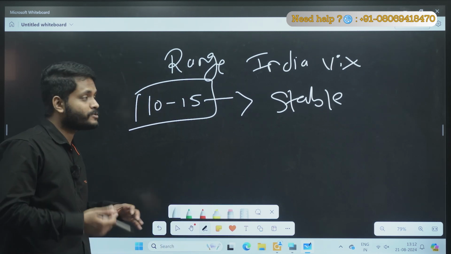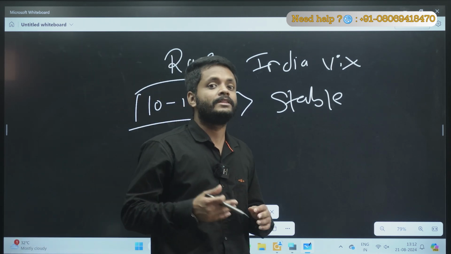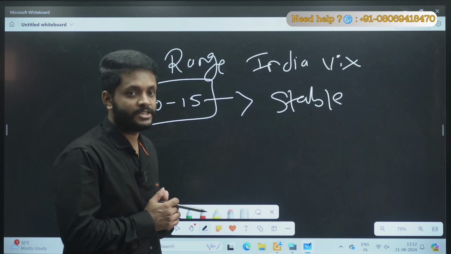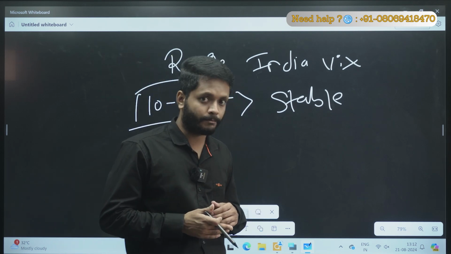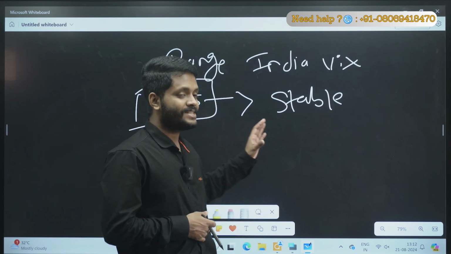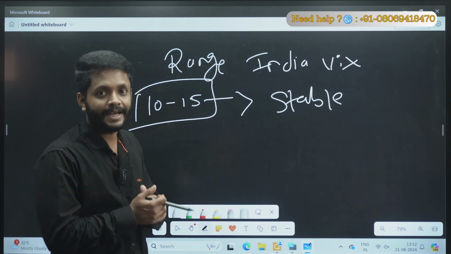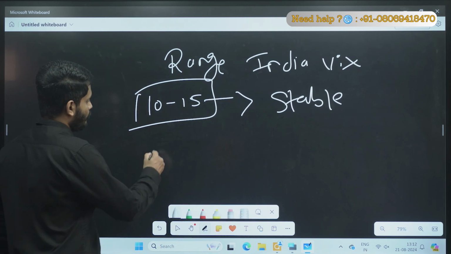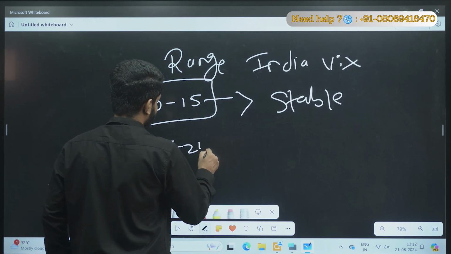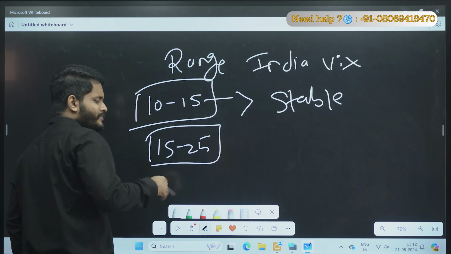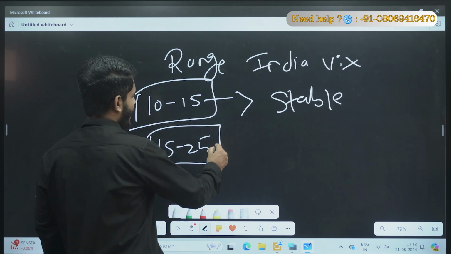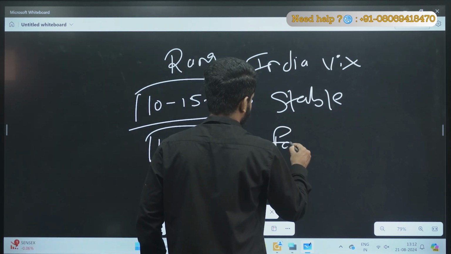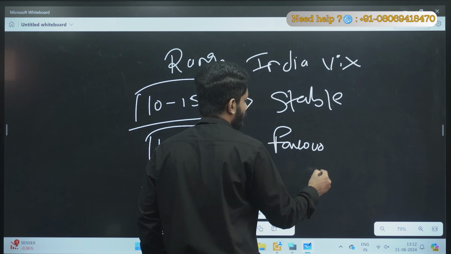If you try option selling at this point in time, there won't be decay in the premium immediately because the volatility has not shot up. So if you try option selling, there is a possibility that you might end up on the losing side. Now when it comes to 15 to 25, we can say it is slightly on the higher end and it can favor option sellers.